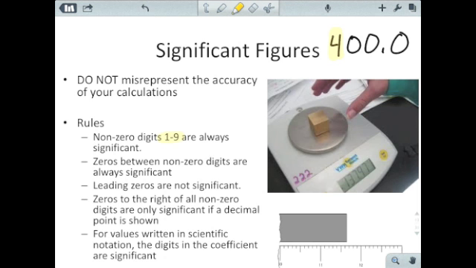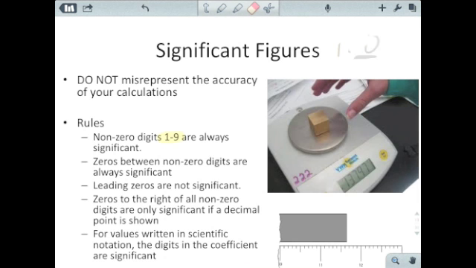So since there's a decimal point right there, all these zeros are going to be significant as well. So we would have 1, 2, 3, 4 significant figures in that number. But if that decimal point was not there and it was just 400, since there's no decimal point, those zeros are not significant. So we only have 1 significant figure in that number.